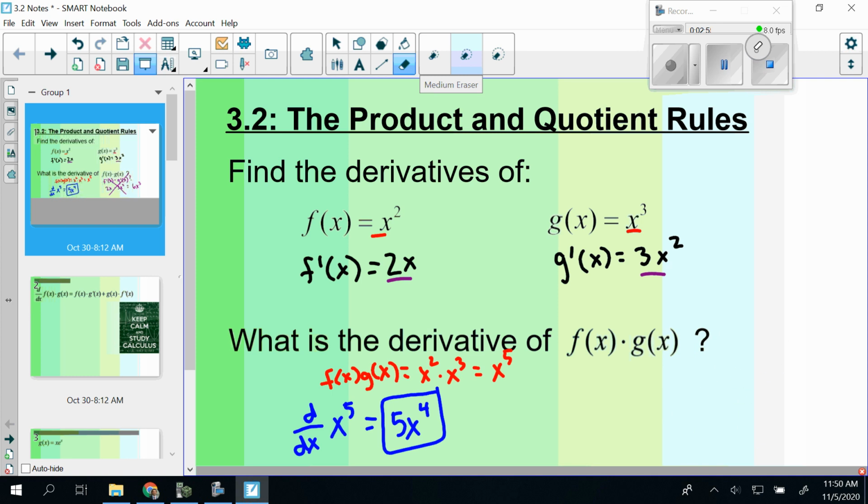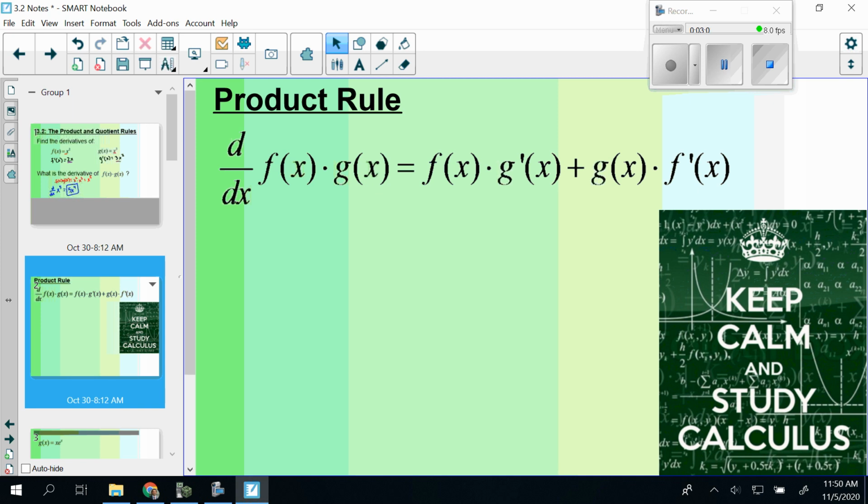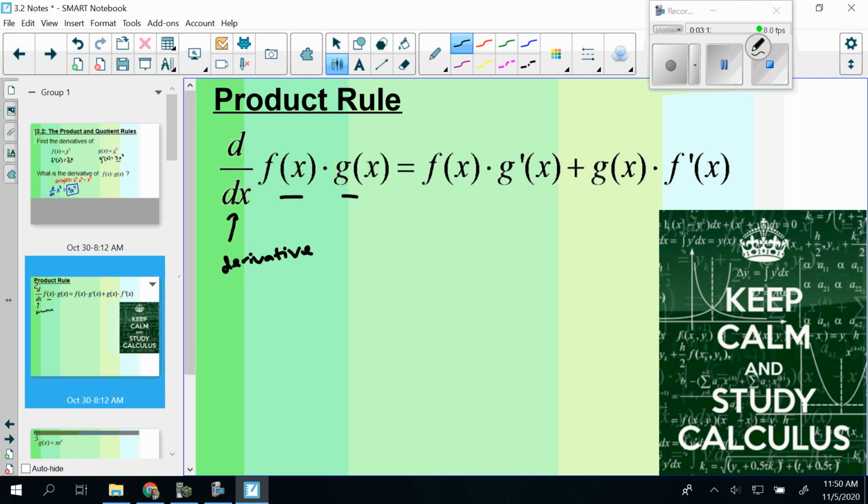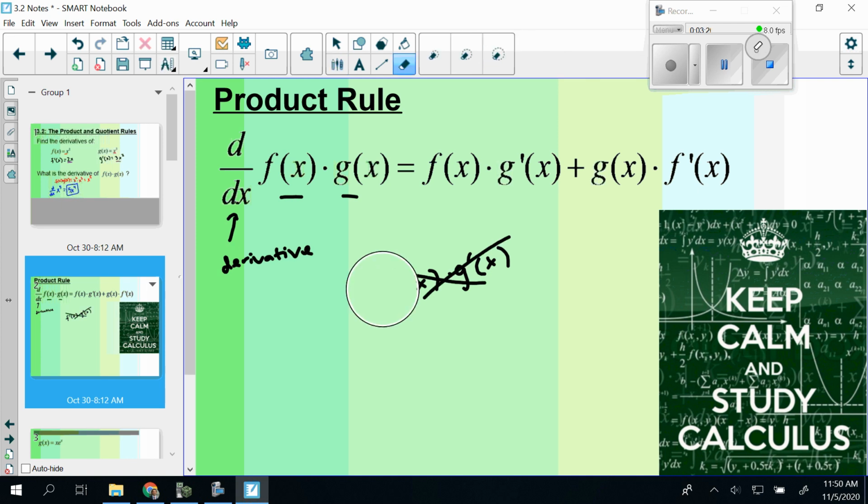We need a new process to do this. And that process which we are going to use is something called product rule. And so product rule, when we want to find the derivative of two functions multiplied together, is not this. It's not just, oh, well, we'll just find the two derivatives and multiply them together. Not it. We got to use this product rule.